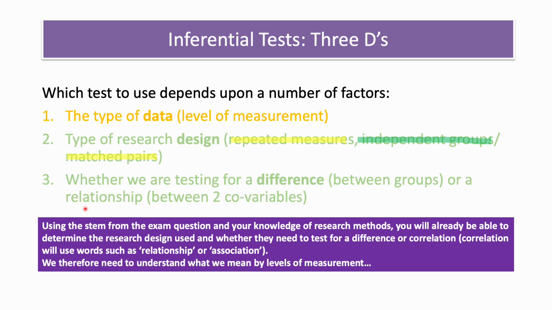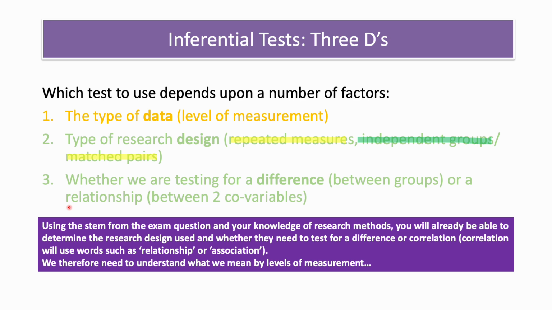Often students struggle to argue this third D, and if it's a test of difference, it's an experiment because they have manipulated certain things, then you would say the third reason is because the researcher is looking for a difference between whatever is in the question, in the stem, or if they are looking for a correlation, a relationship between, and then you would state the 2 covariables from the stem.